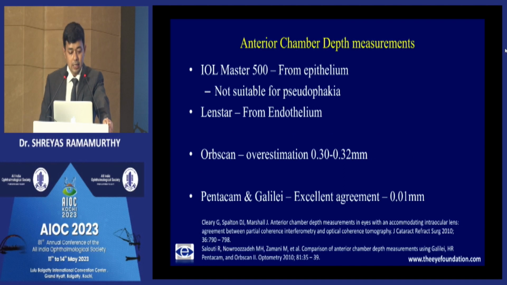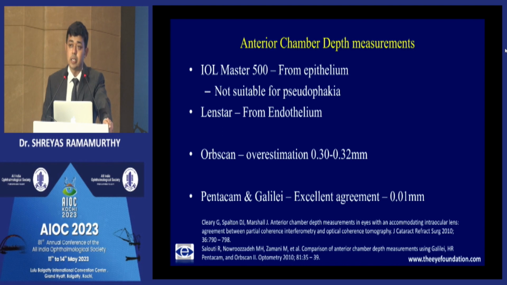Quickly moving on to the other measurements, the anterior chamber depth measurements are very, very important now because the ELP, which is central to most of the formulae which you're using, is also heavily dependent on the anterior chamber depth measurements. The earlier IOL Master 500 used to measure from the epithelium. Now you have the option of using the endo or the epi as well.